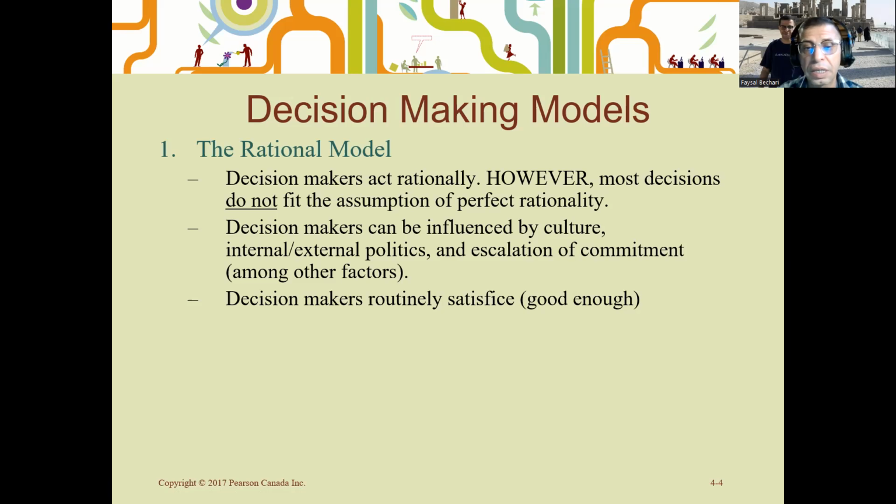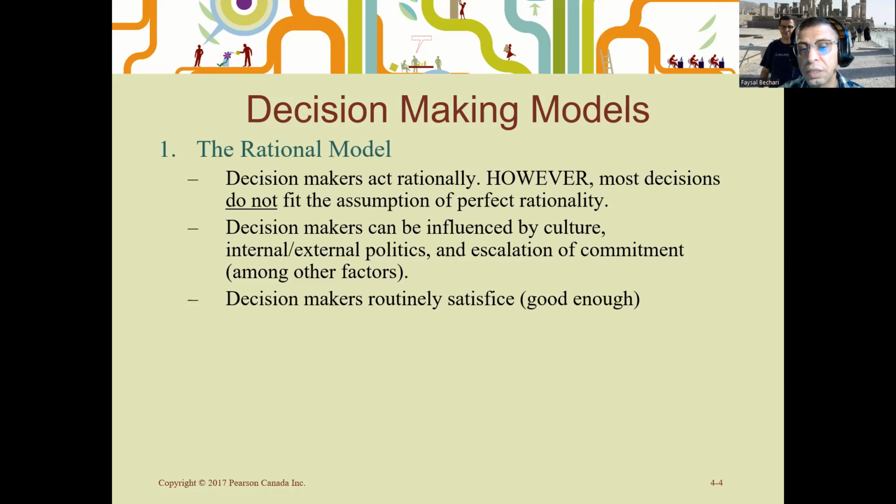Decision makers can be influenced by cultural factors, internal and external politics, and escalation of commitment. Probably I'll bring you an example of why it was illegal to pay for the client's alcohol, among other factors.